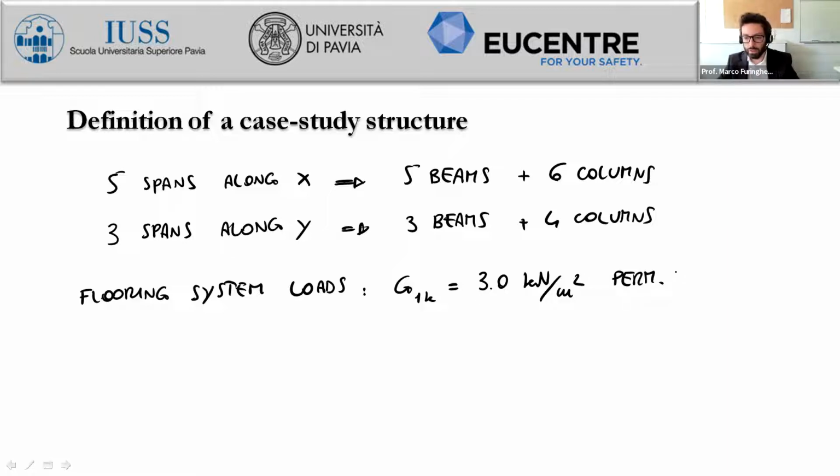Then we will consider G2K, which are permanent non-structural loads, equal to 2.0 kilonewton over square meters.